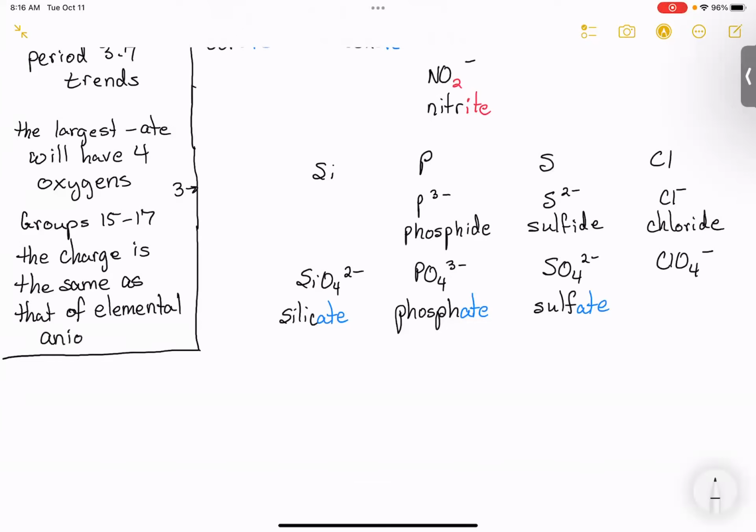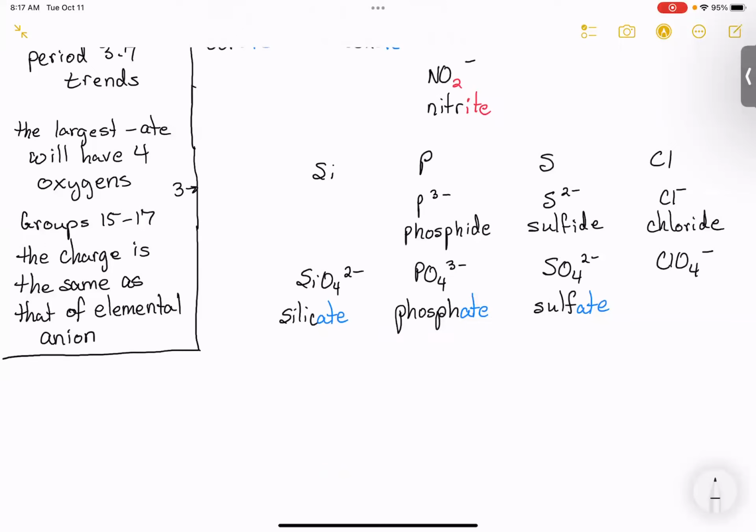I say that because most people know from previous experience that phosphide is a 3 minus, that sulfide is a 2 minus. Well, the fact that their polyatomics have the exact same charge will help you in knowing their charges as well. In other words, the phosphorus anions in general are 3 minus.